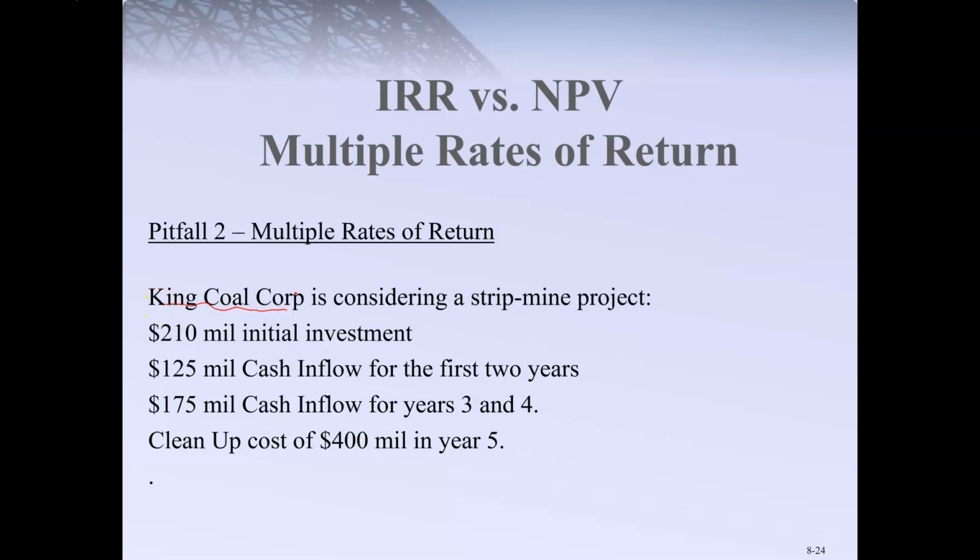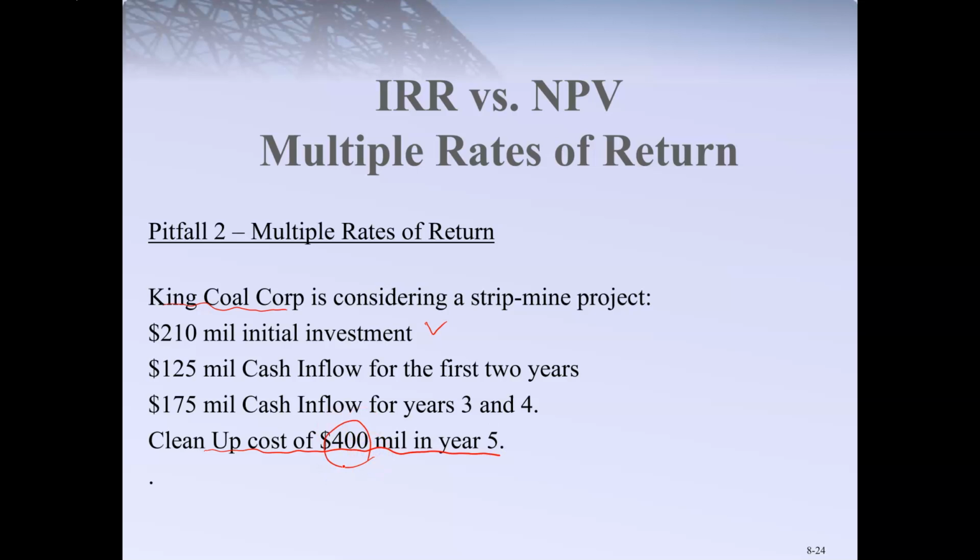It is considering a strip mine project, and it requires an initial investment, and after the initial investment it will generate cash flow of 125 and 175 over the next 4 years. And after the project is over, there is a cleanup cost of $400 million in year 5.